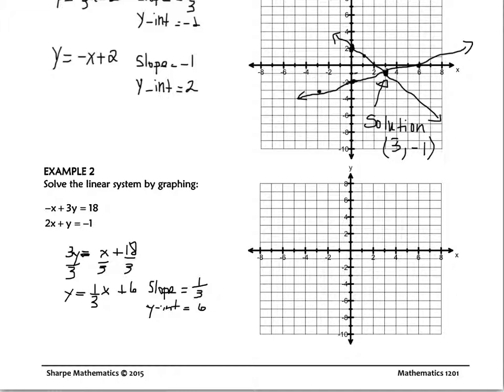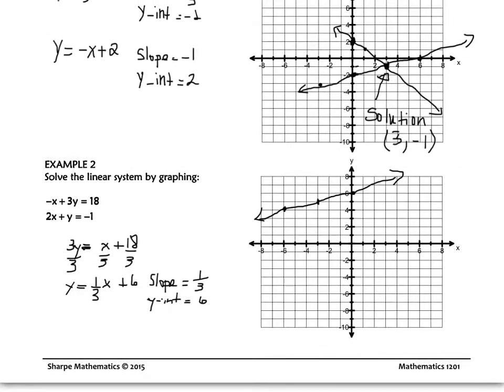So if we sketch that, we have a y-intercept of 6 on the y-axis and a slope of 1/3. I'm going to go down 1 now. So if I go down 1, I'd have to go left 3 to get a positive slope. Down 1 and left 3 to get a positive slope. So if I connect those, there's my line.